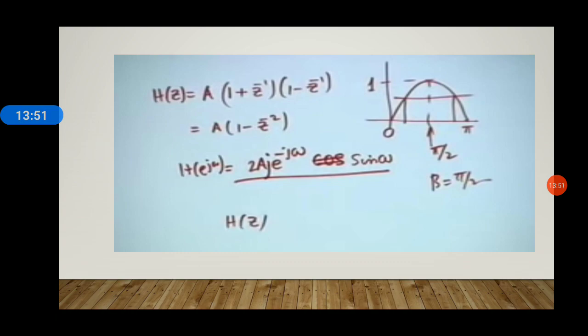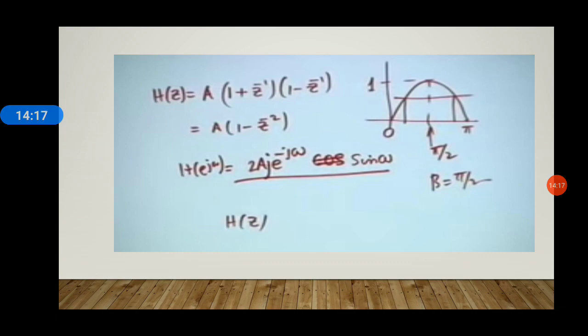So its magnitude would be sine omega. So at omega equal to 0 we have 0, and again at omega equal to pi we have 0. But we should have a maximum at some point. Sine omega is maximum, equal to 1, at pi by 2. So the maximum point is pi by 2. And if a is equal to half, we get magnitude 1.